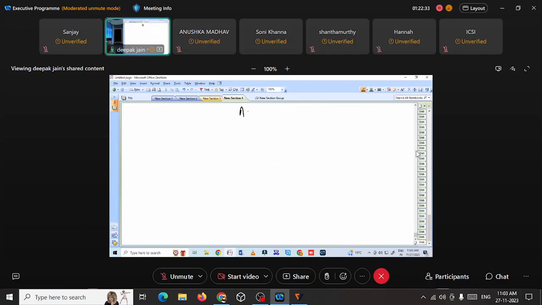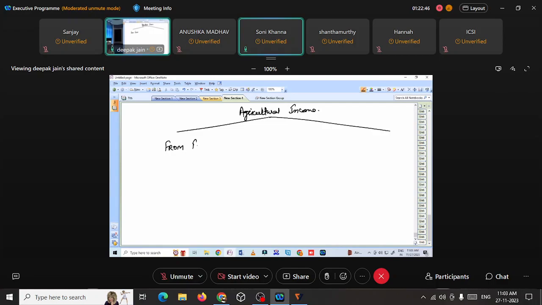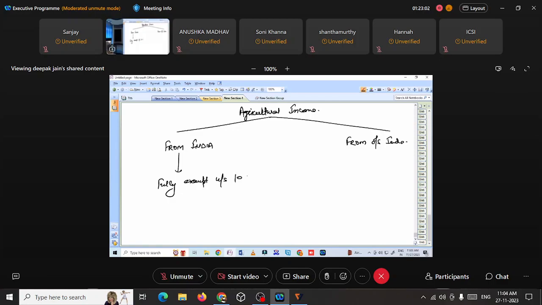Agricultural income: agricultural income from India, and agricultural income from outside India. If agricultural income is from India, then it is fully exempt under section 10 clause 1.